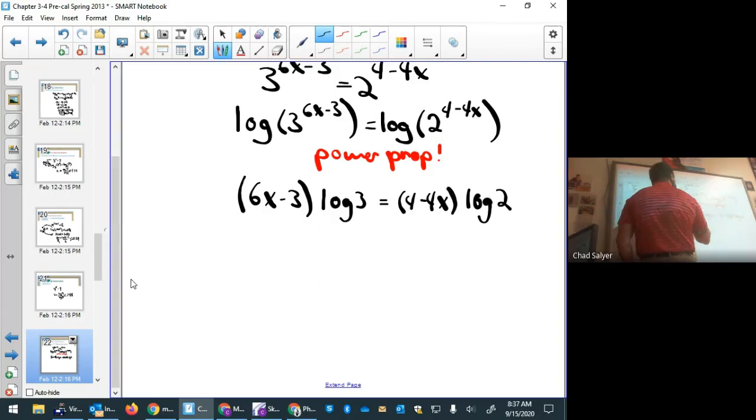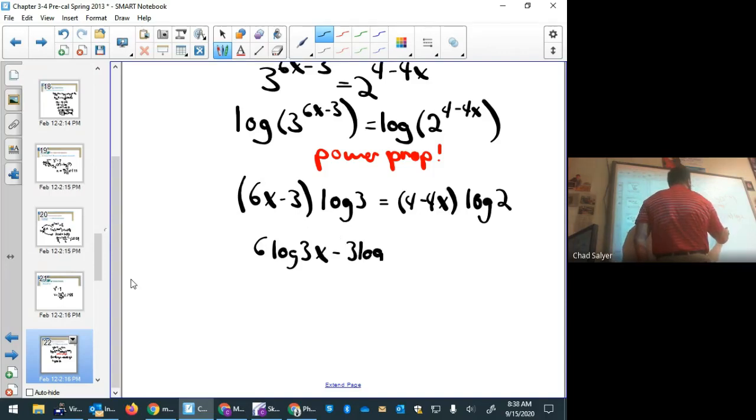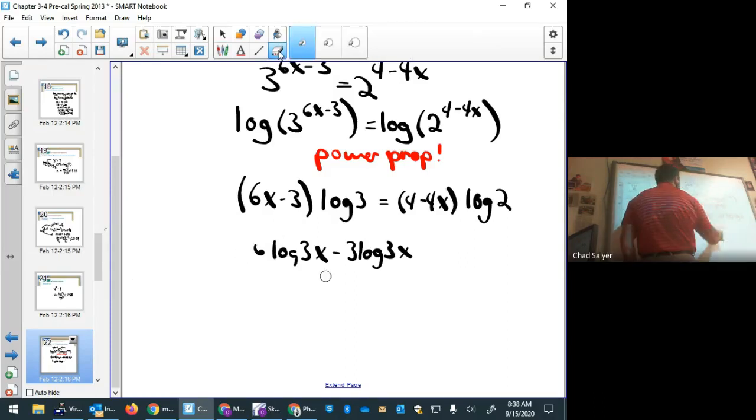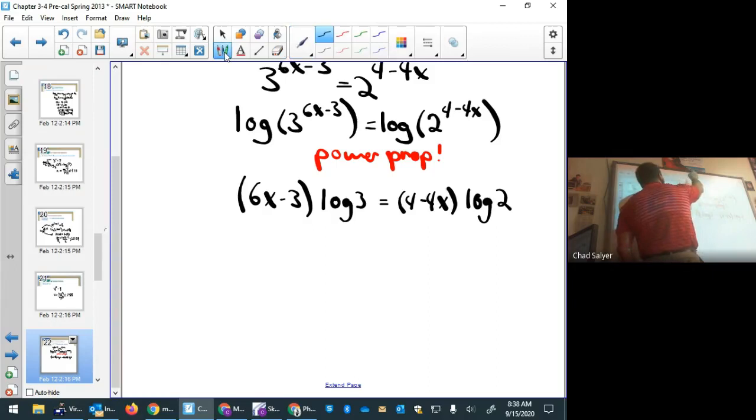All right, so let's distribute. That's 6 log 3 times x minus 3 log 3 times x. The x is not part of the logarithm's argument, so make sure you understand that's the case. Use parentheses if you need to. Let me show you what it would look like with parentheses, because that'll probably be more clear.